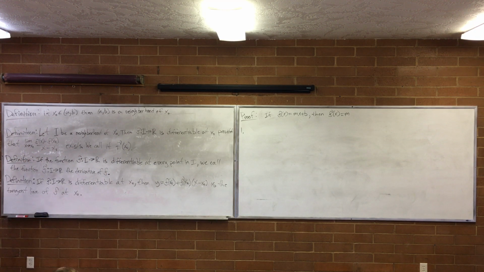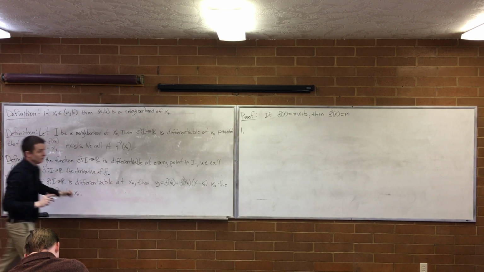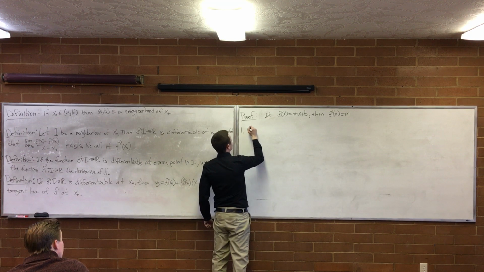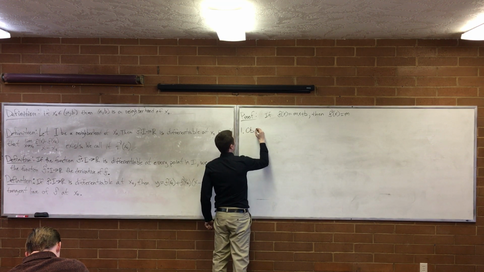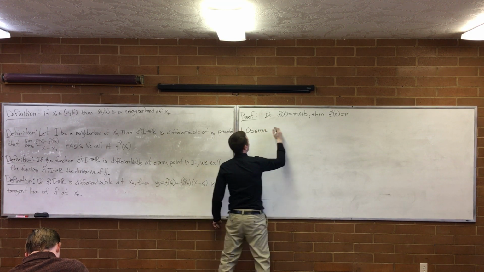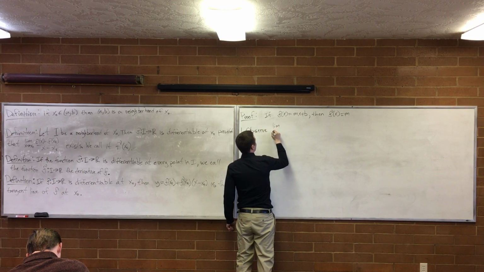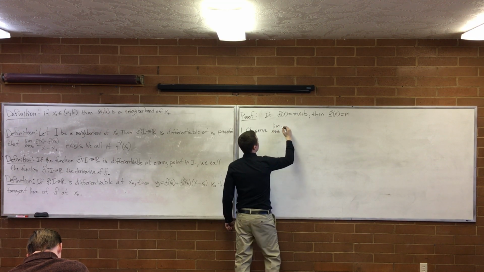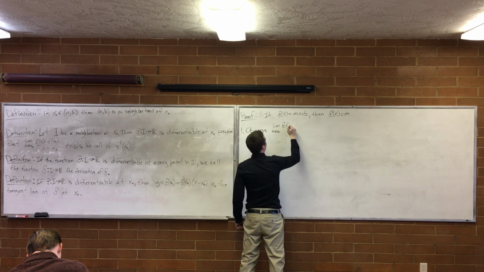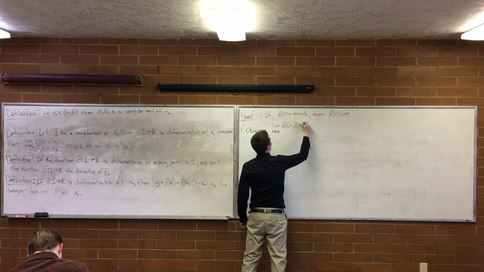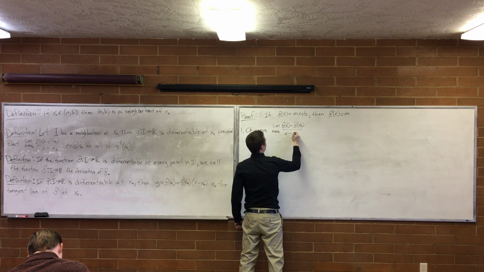We need to differentiate the function. We need to take the derivative, right? Okay, so let's observe that the limit as x goes to x naught of f of x minus f of x naught over x minus x naught.